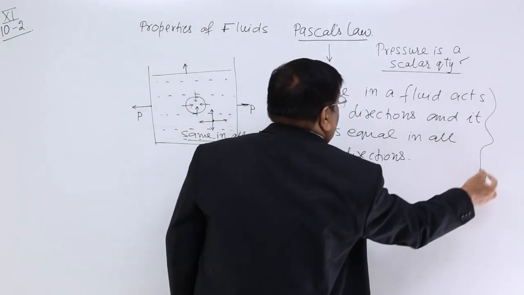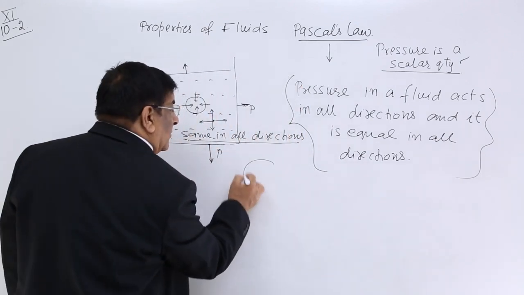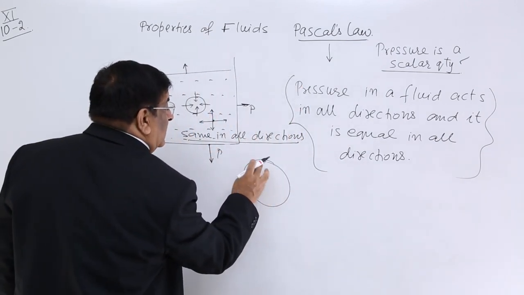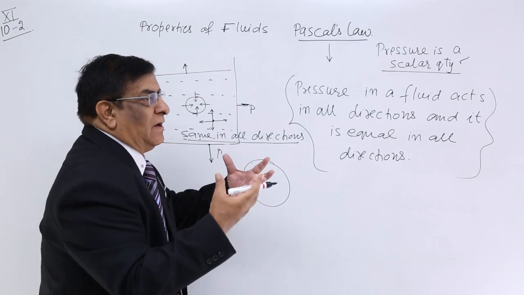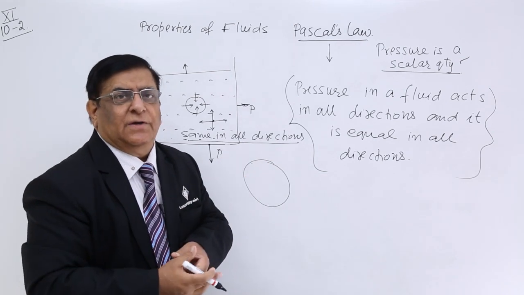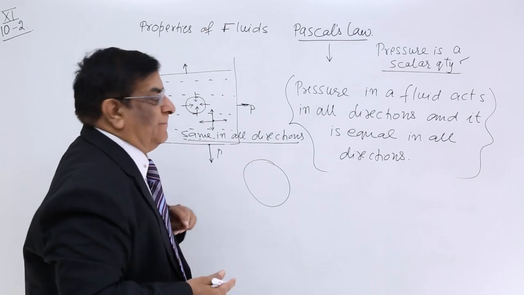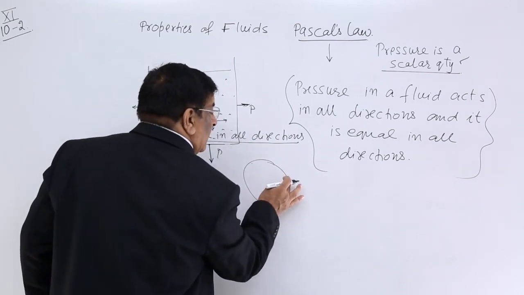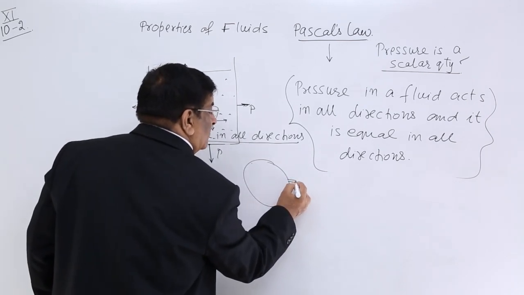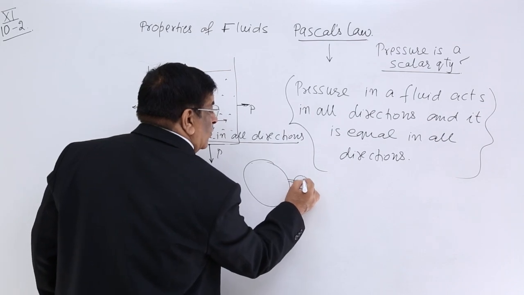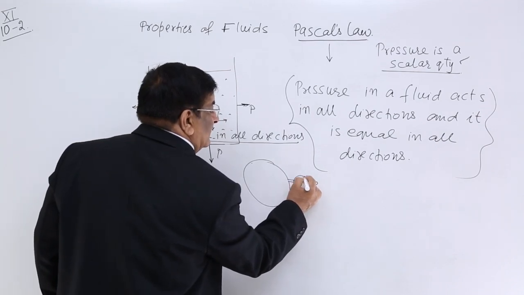this is Pascal's law. If we have a balloon, in the balloon fluid is filled up. Air is also a fluid, liquid is also a fluid. So let us say the air is filled up. If I puncture it from here and put a gauge here, it will show me, say, 10.